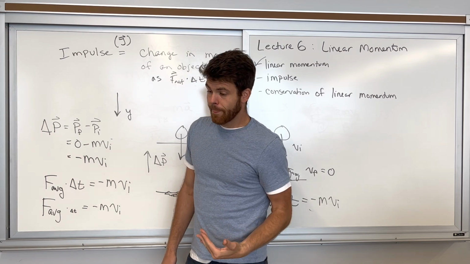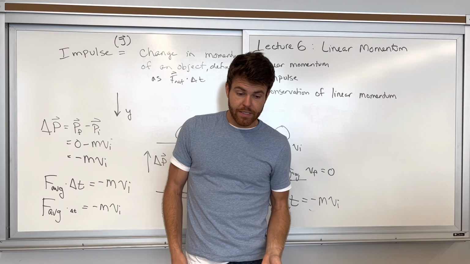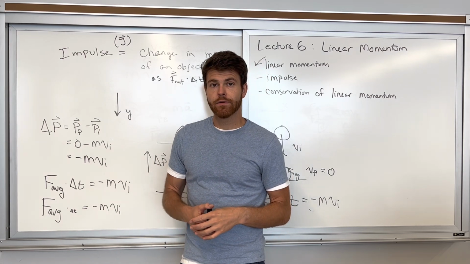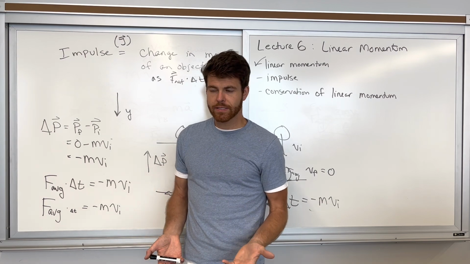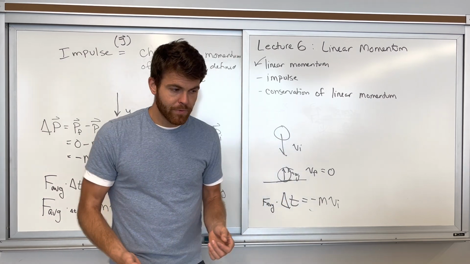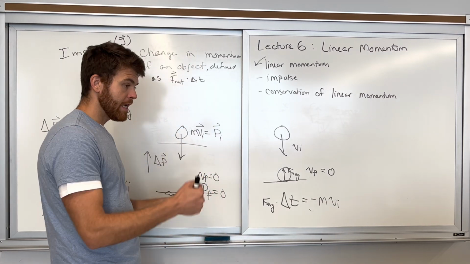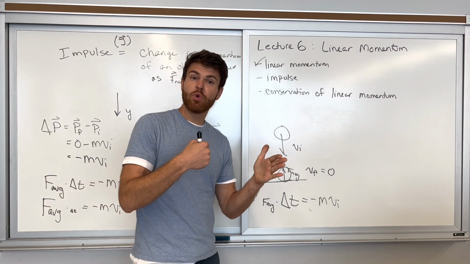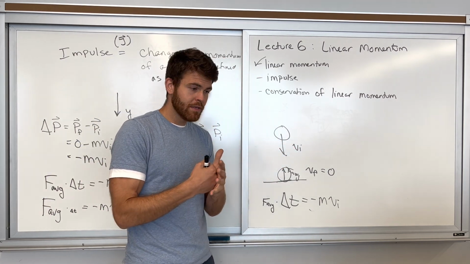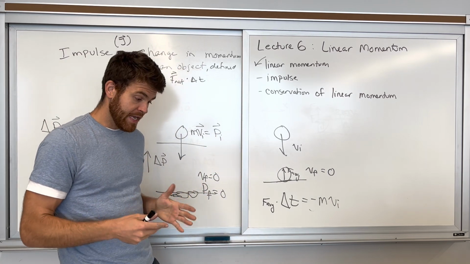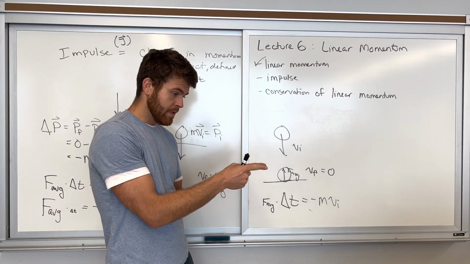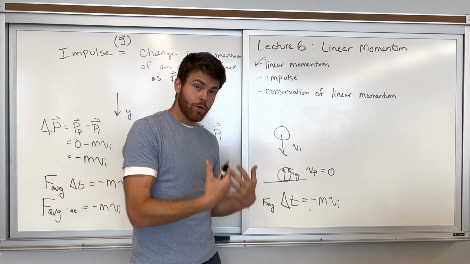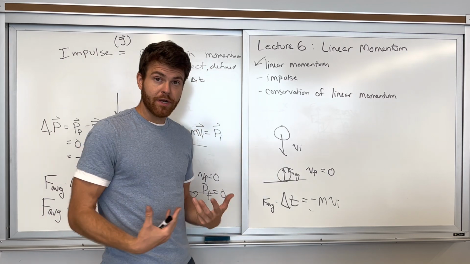We also use this same principle to mitigate injury during a car accident, right? We have airbags. Why do we have airbags? Well, if you don't have an airbag and you're driving, say at 35 miles per hour, and you hit something and you come to a stop, right, very quickly. Now your body has a non-zero momentum as you're moving. Now your body has zero momentum, you come to a rest. In order to have that change in momentum, your body has to experience an impulse.